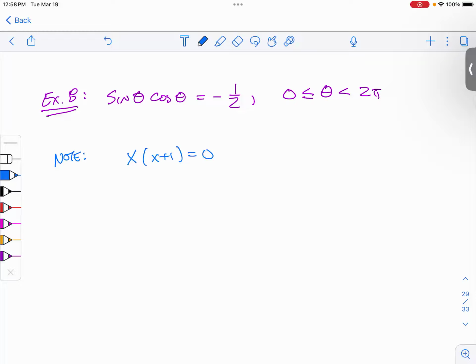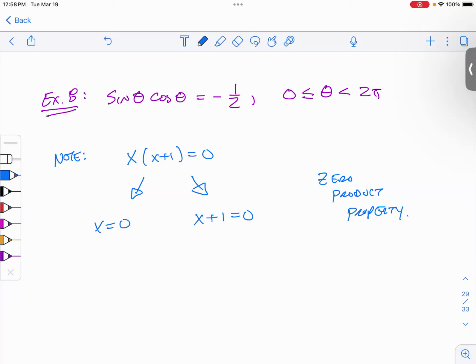When we have an equation that looks like x times (x plus 1) equals 0, we break this into two individual equations. We've been doing this so long, I just want to refresh: this is the zero product property. You may not have heard it called that.